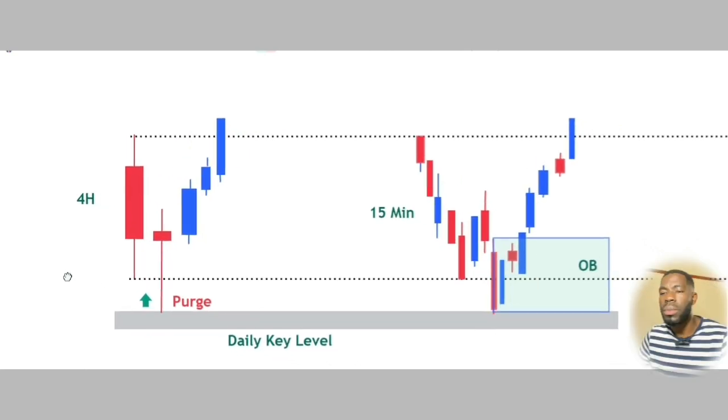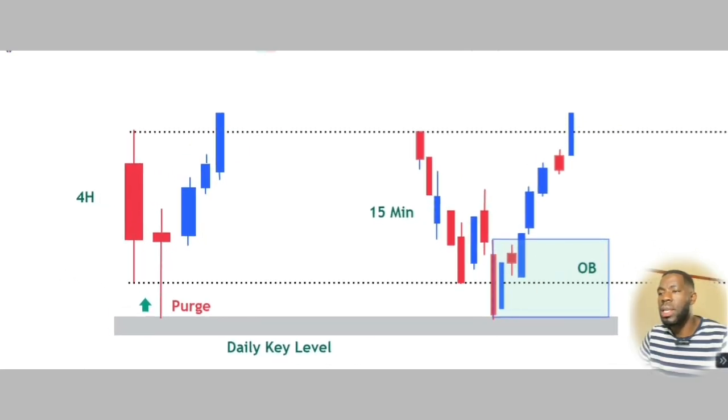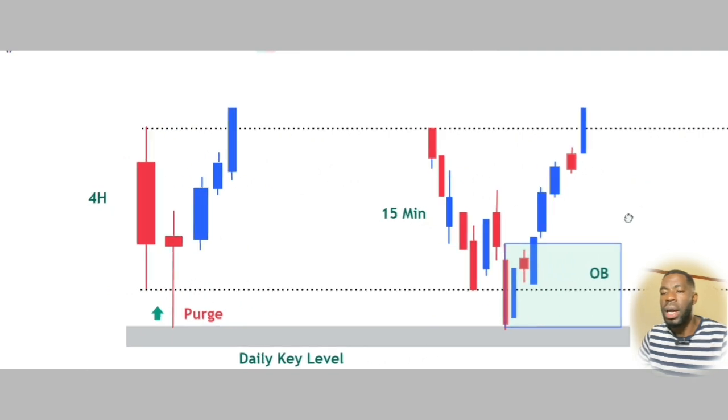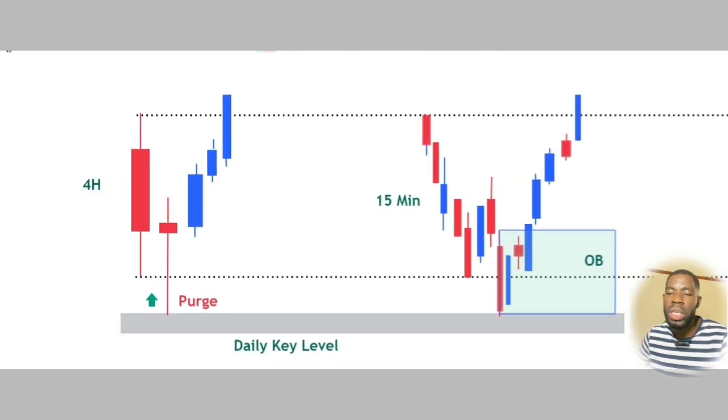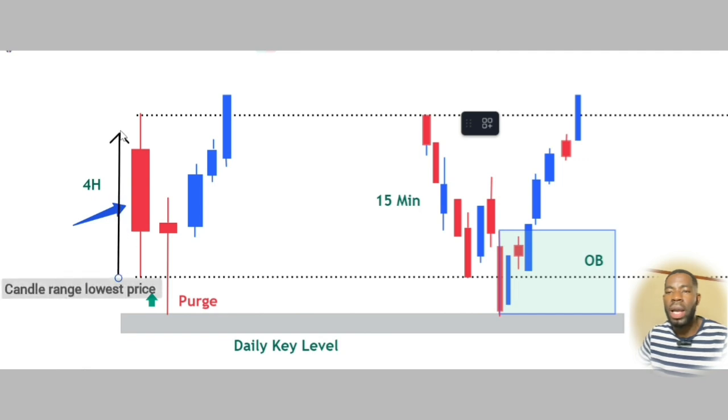When you look at the screen here, we're going to start with the situation where you are looking to buy using the candle range theory. You can see this candle here. This first candle is a 4 hour candle. From the lowest price of the candle to the highest price of the candle, this is the range we are talking about.